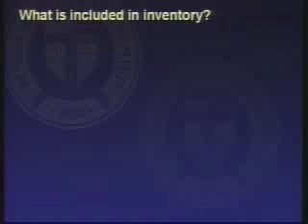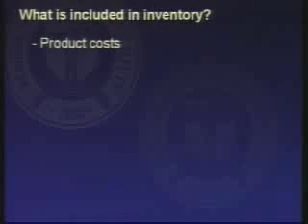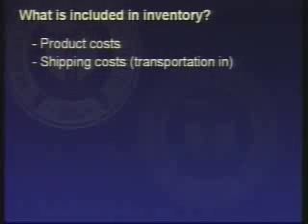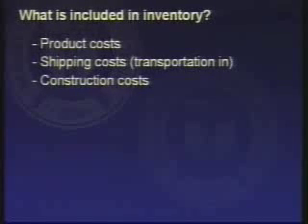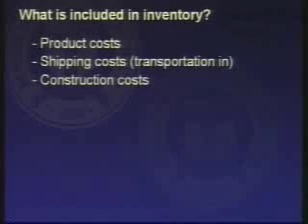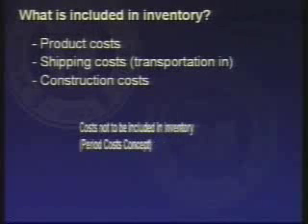What is included in inventory? Suppose you buy something. What of those costs are included? Obviously, the cost of the product itself is part of inventory. The shipping costs are part of the inventory. If you build the item, then any construction cost will be part of the cost of inventory.